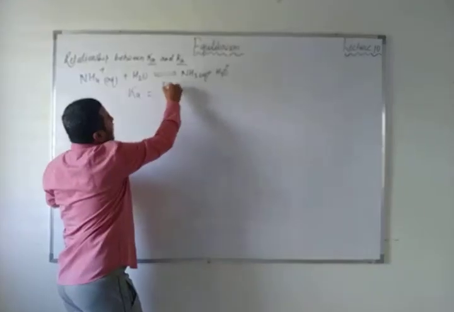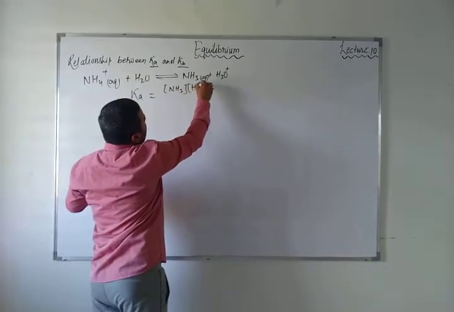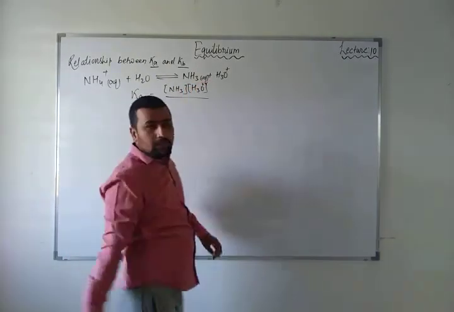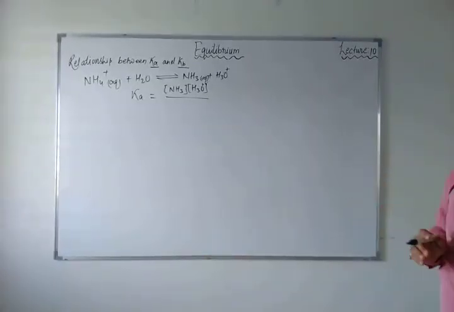So the ionization constant of the acid will be the concentration of products NH3 and H3O plus upon the concentration of reactants. You know very well the rate constant formula: the concentration of product upon the concentration of reactant.